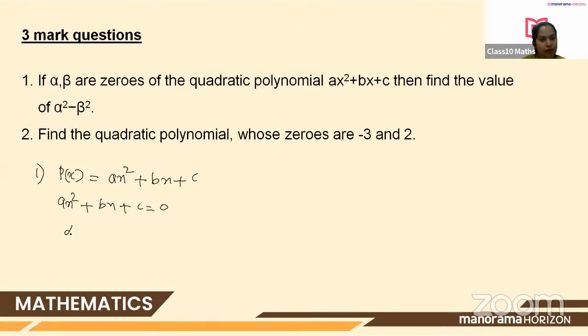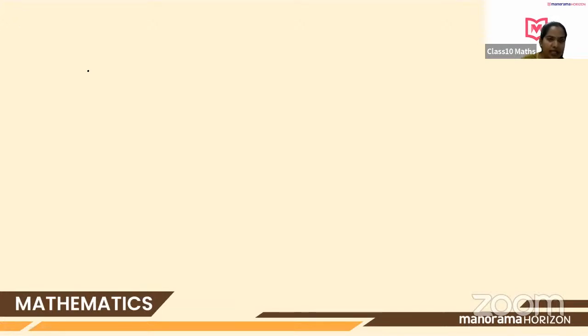And we know that alpha plus beta, the sum of the zeros, is minus b by a, and alpha beta is equal to c by a. If alpha plus beta is minus b by a, then alpha plus beta, the whole square, is equal to b square by a square.